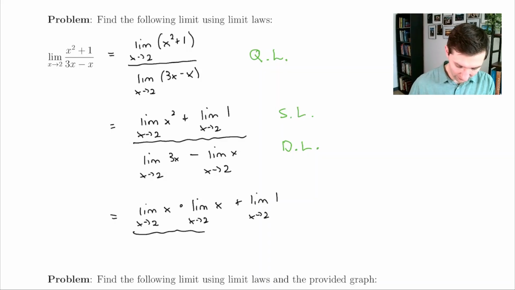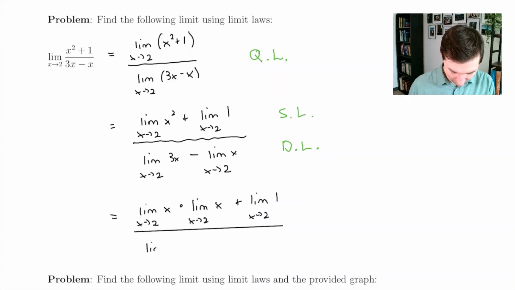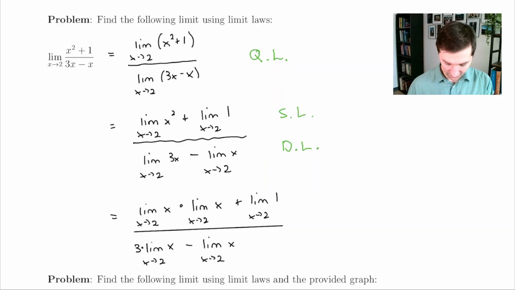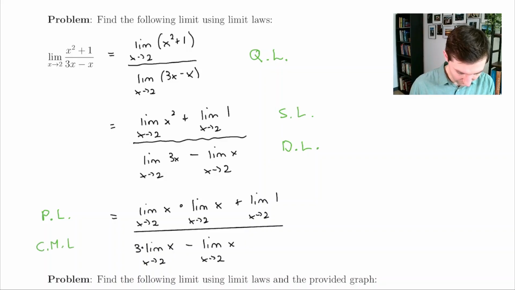In the denominator, I will use the constant multiple law and I get the limit of x as x goes to 2 with a 3 at the front minus the limit of x as x goes to 2. Now, these are all basic laws now. Let me just write down what laws I used. I used the product law and I used the constant multiple law.